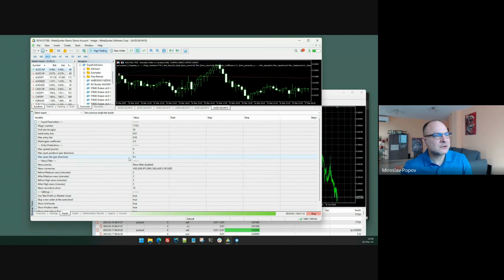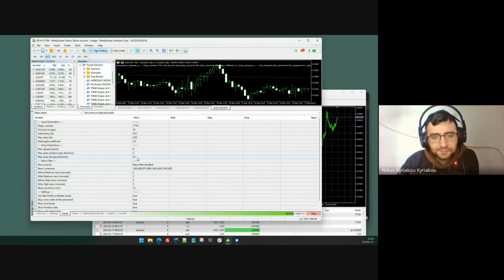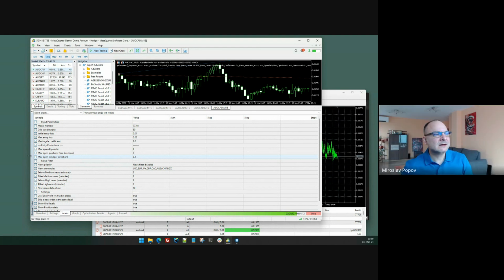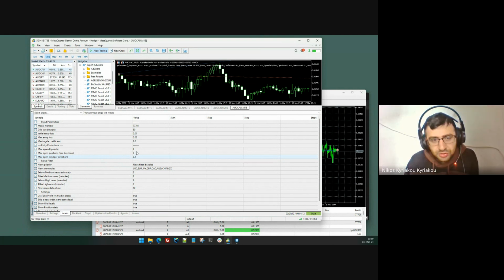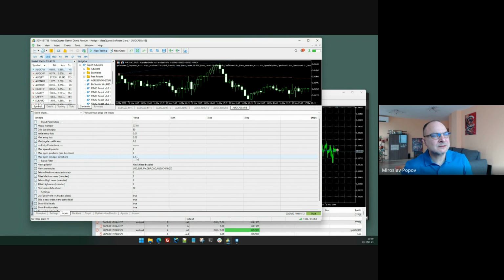Probably this should be the maximum open lots that is allowed, not the maximum entry. So I will definitely check what is going on, and I will limit this to be 5, the maximum number of positions, and this to be the maximum exposure, let's say, not the maximum entry.